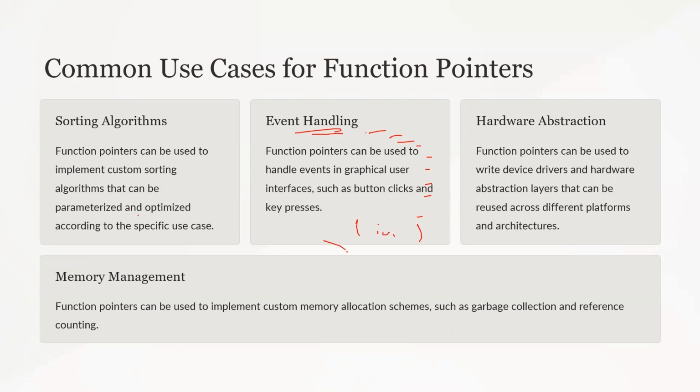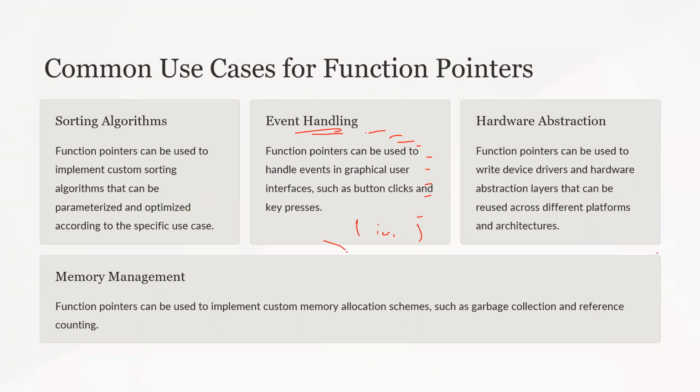For sorting algorithms, the function pointer can be used to implement a custom sorting algorithm that can be parameterized and optimized according to specific use cases. And in hardware abstraction, function pointers can be used to write a device driver in the hardware abstraction layer that can be reused across different platforms and architectures.